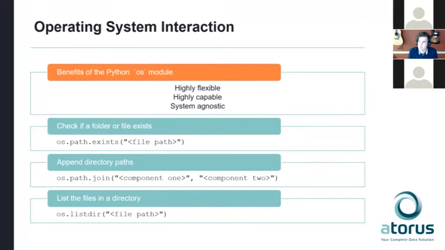Now the last one is os.listdir, which lists a directory. So it'll tell you all the files in a directory, including their extension. So if you have R files, RTF files, XLSX, CSV, whatever types of files you have in any directory, it'll throw you back a list, an actual list object in Python.